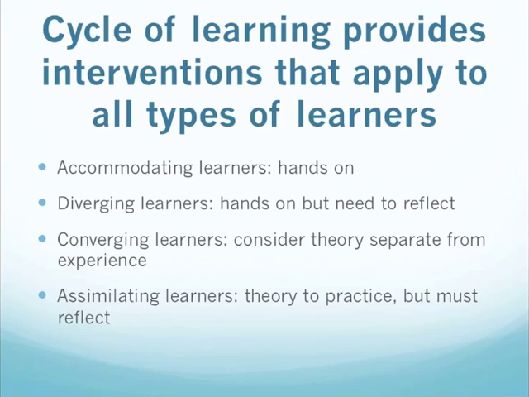They like best to work theory to practice, but they must also reflect as they go around the circle. Kolb postulates that the type of learner you are shows where you enter the cycle of learning and where you are most comfortable in that cycle, but that people still go around the whole cycle of learning.